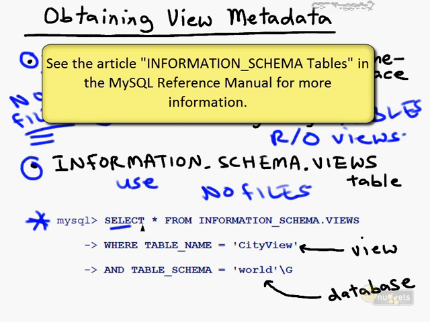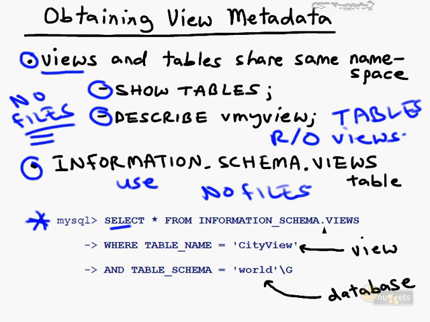Therefore, we can run a select star from information underscore schema dot views to pull all the rows from the views table. Now, of course, we don't want to see all the views from all of the databases on that instance of MySQL server. Therefore, we should use the where statement to filter our results. And this sample code shows us just the city view from the world database.